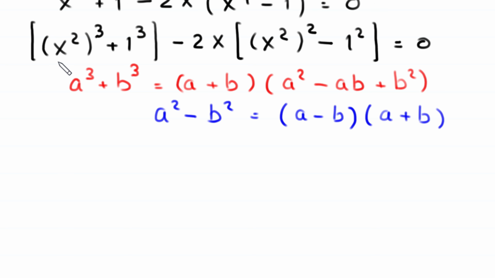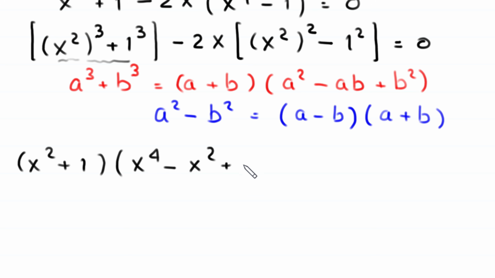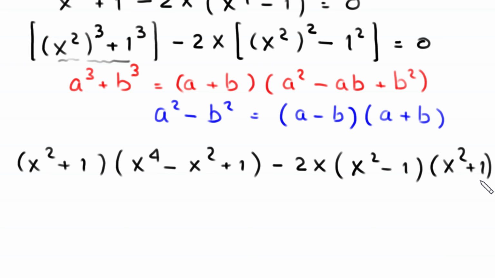So this (x^2) cubed plus 1 cubed will become (x^2 + 1) times (x^4 - x^2 + 1), minus 2x times this (x^2) squared minus 1 squared will become (x^2 - 1) times (x^2 + 1) equal to 0.